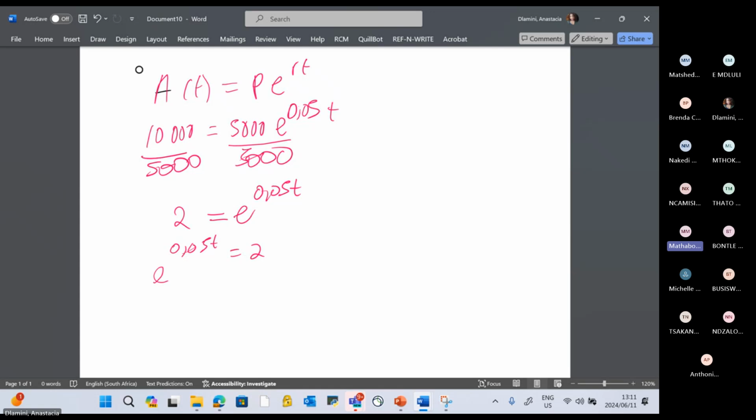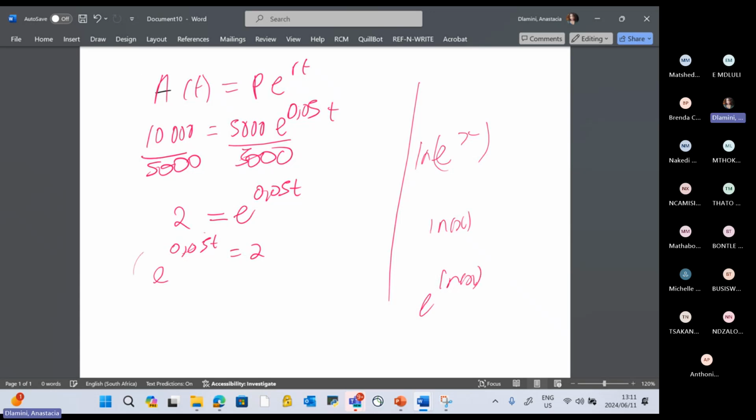I think we said we introduce the ln. If you have e to the power of x, we introduce the ln. If you have ln of x, then take e to the power of x.